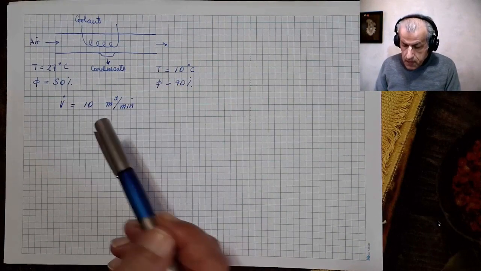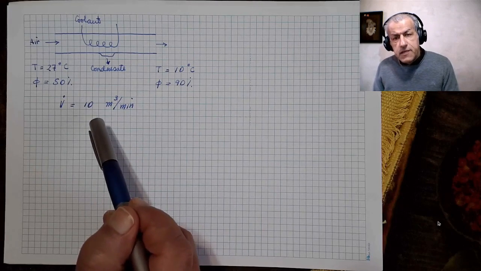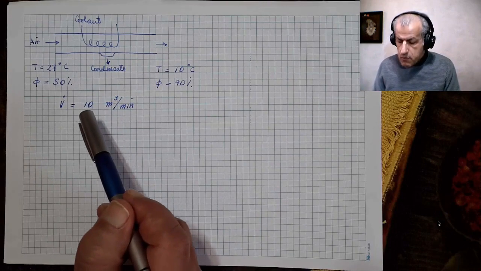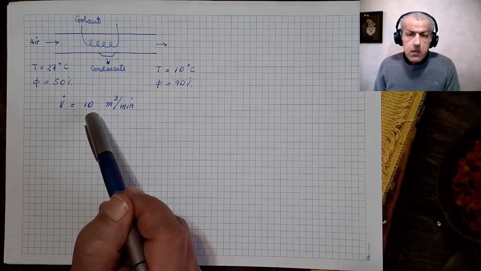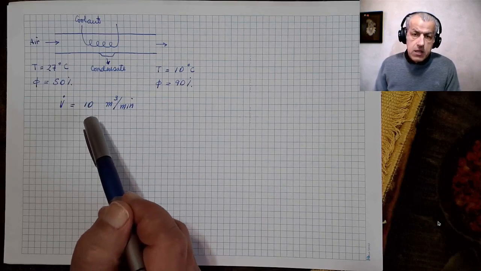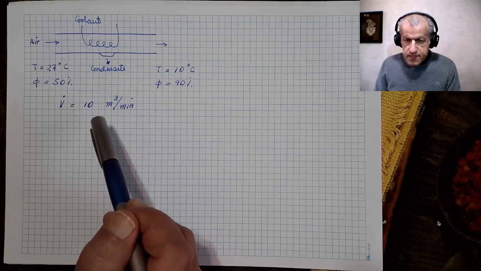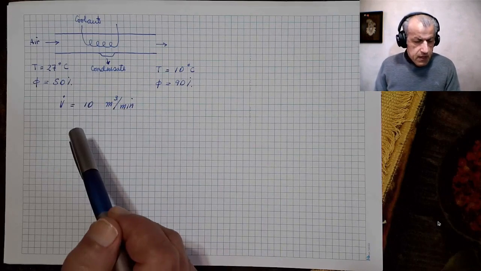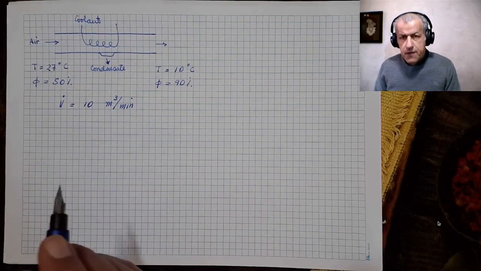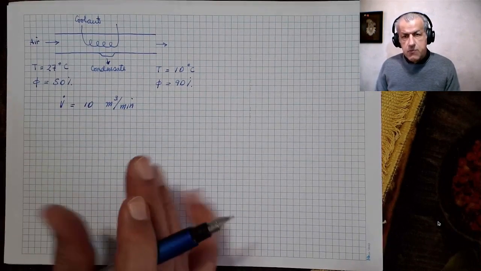Now, this could be a room of 10 cubic meters volume, or an enclosure of 10 cubic meters volume, and it is said that we want this air to be changed once per minute. This is the definition of the problem.